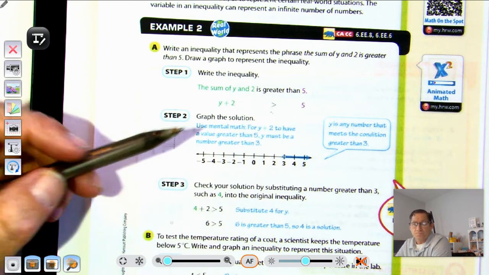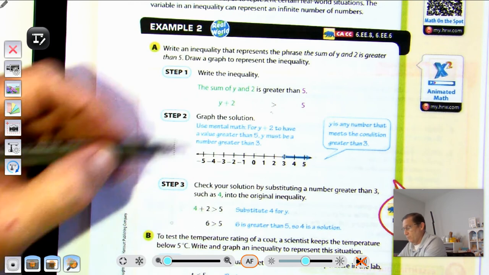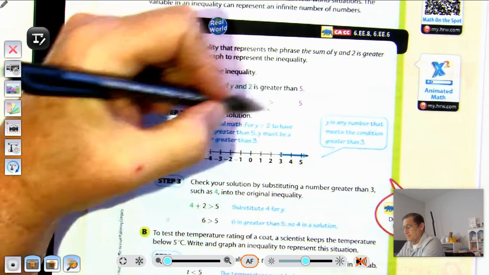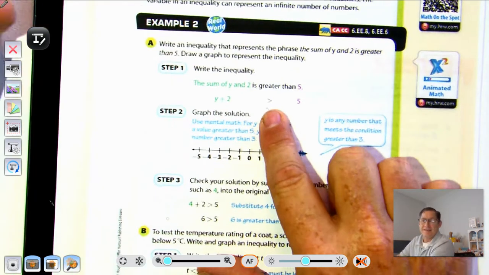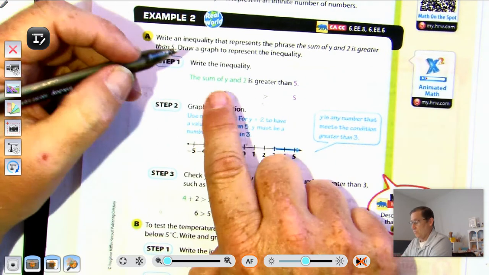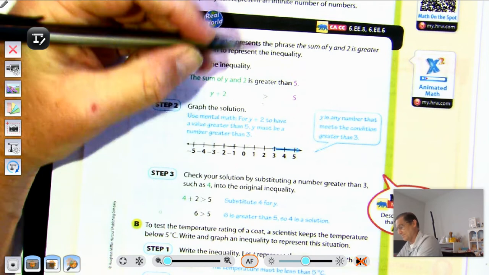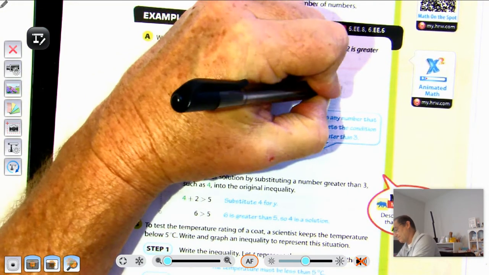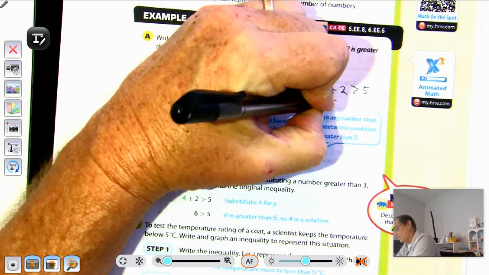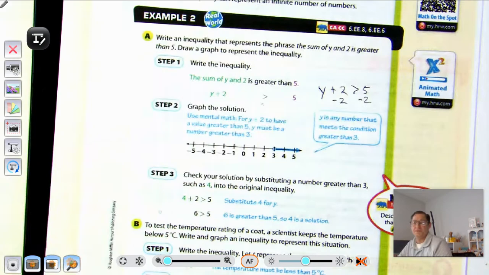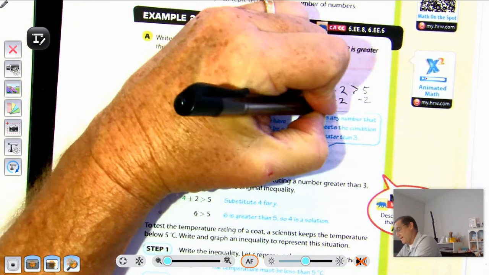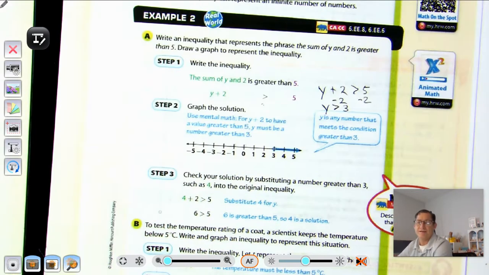In a sense, we're going to treat this like an equal sign, right? And so we're adding 2 to y, so we're going to subtract the 2 from both sides. So subtract 2 from both sides, and y has to be greater than 3.